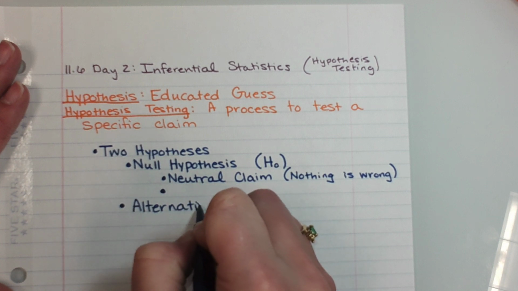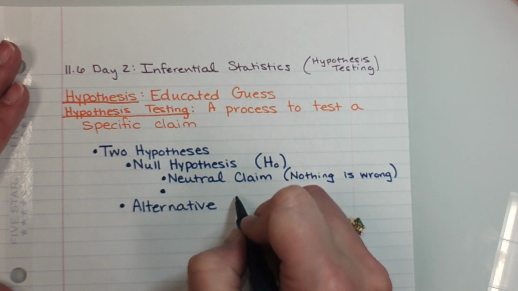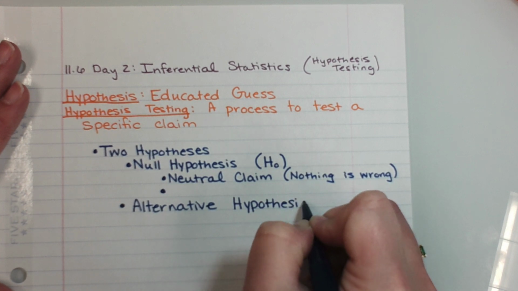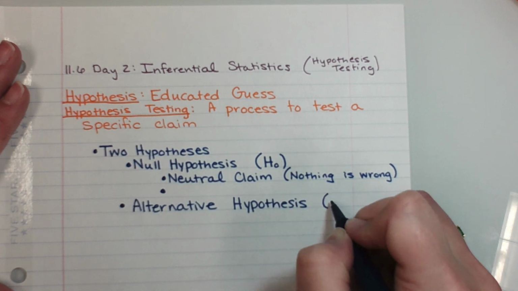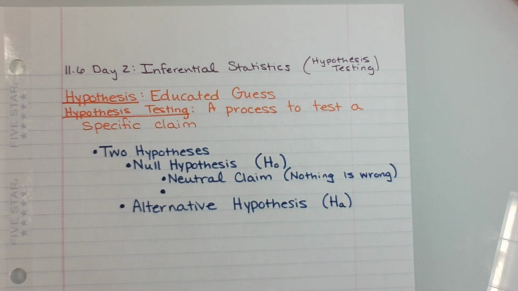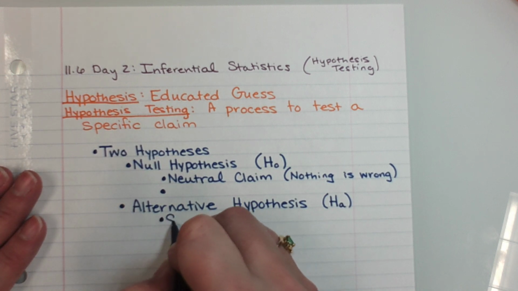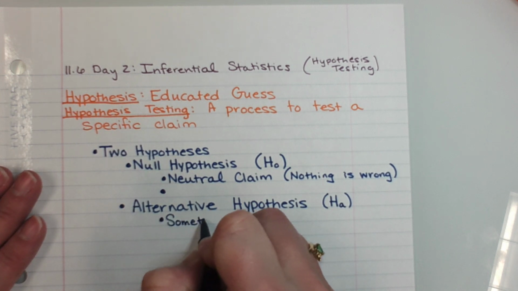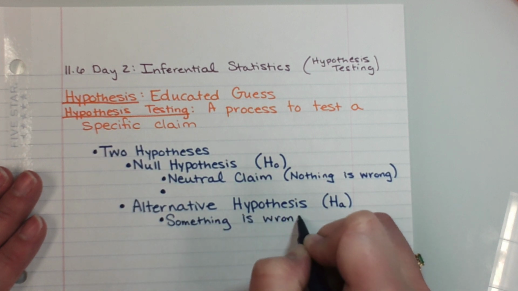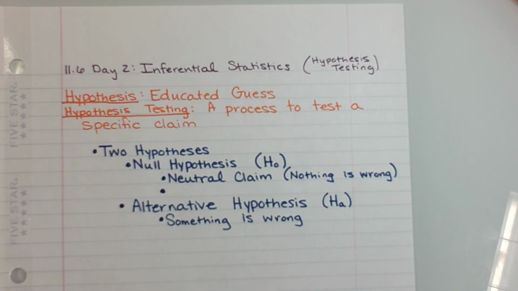The second hypothesis is the alternative hypothesis. It is denoted as H sub A. This is the hypothesis that comes in and says, something's wrong.